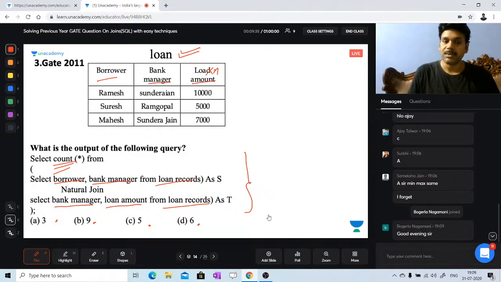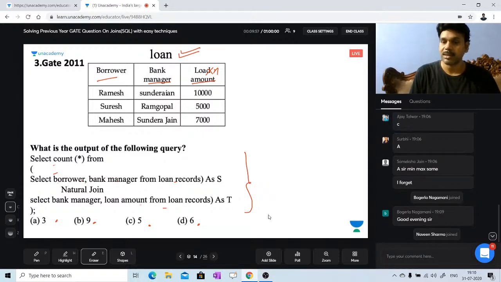So let me give you a poll now. Once again, analyze the question carefully. Don't type your answers. At the end of the poll only, we will discuss the answer. This is an excellent question which was given for 2 marks in an earlier GATE examination by IIT Madras.